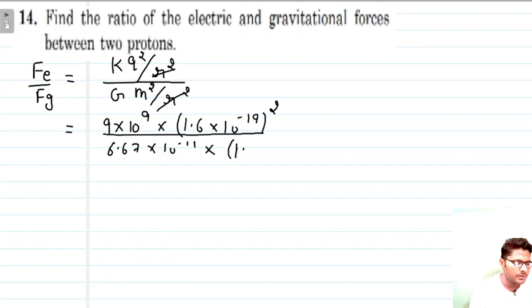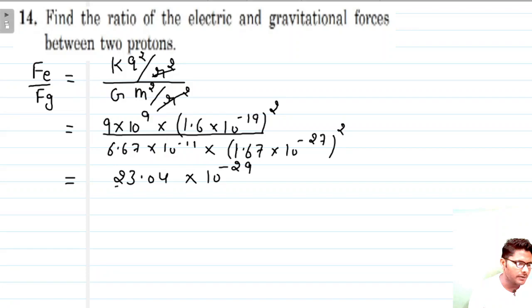The mass of a proton is 1.67 into 10 raised to power minus 27 kg, squared. When you solve this, on the upper side this will be 23.04 into 10 raised to power minus 29. In the denominator, you will get 18.60.